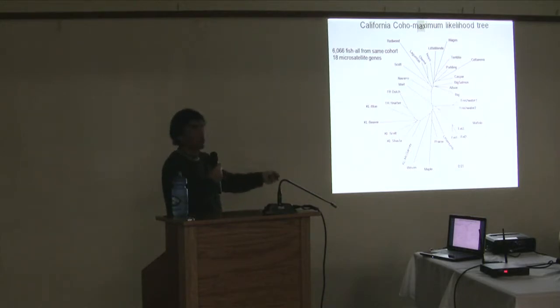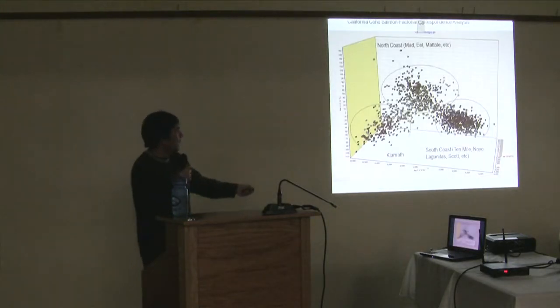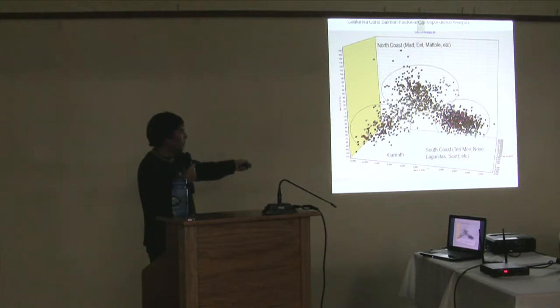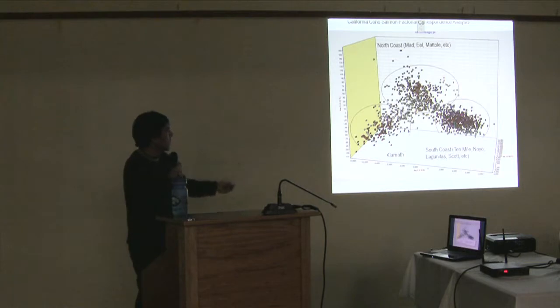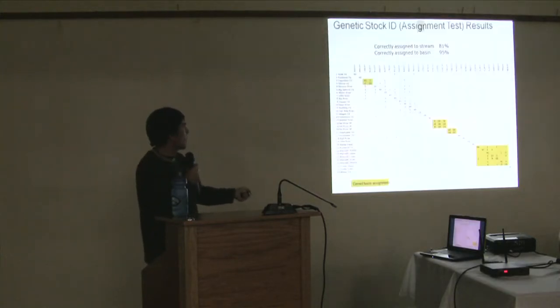So we've removed temporal variation in this study and just focused on the geographic variation. And again, what one sees is what I just mentioned. The primary axis of variation separates the CCC, the more southern ESU, from the SONC. And then within the SONC, there's a fair amount of differentiation between the Klamath stocks and the others, further to the south and even to the north.